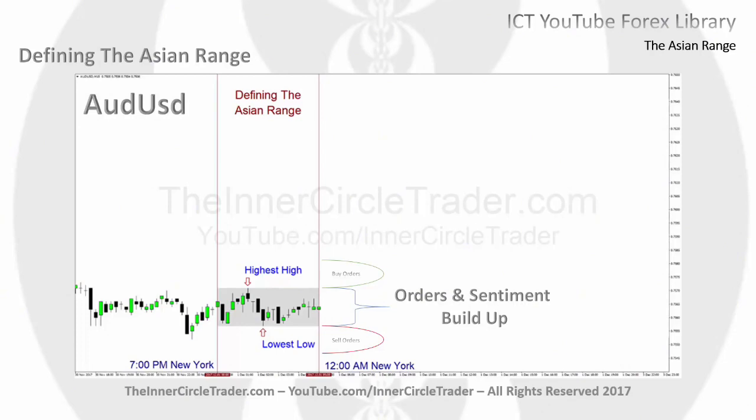So the key is, and this is the takeaway so far, and this is what should be written in your notes right now: what sets up the opportunity for the particular trading day is if we have a very narrow consolidated range between 7 p.m. and midnight, or what would be deemed the Asian range.